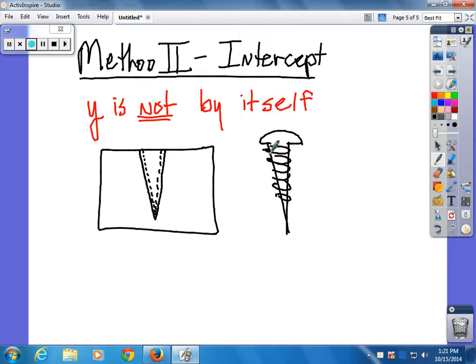So if you drive that screw into a piece of wood and the threads are cutting out a hole that's the same size as the threads in the screw, what's going to happen when something pulls on that screw? It's just going to come out because there's nothing holding it.